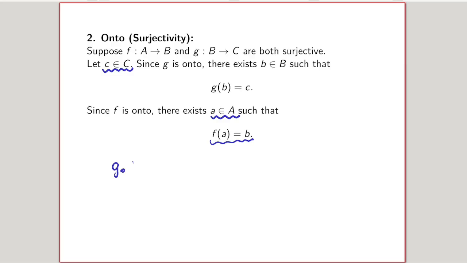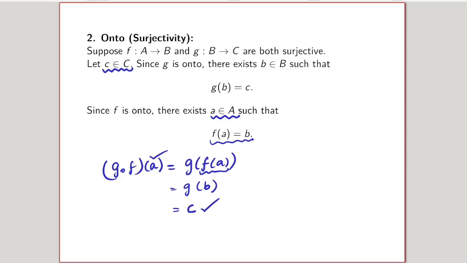So if I find the image of a under the map g composition f, observe that this can be written as g of f of a, and we already know that f of a is nothing but b. So this will be g of b, and we know that g of b is c. So for the selected element c, I am able to find one element a in A such that a is the pre-image under the map g composition f.